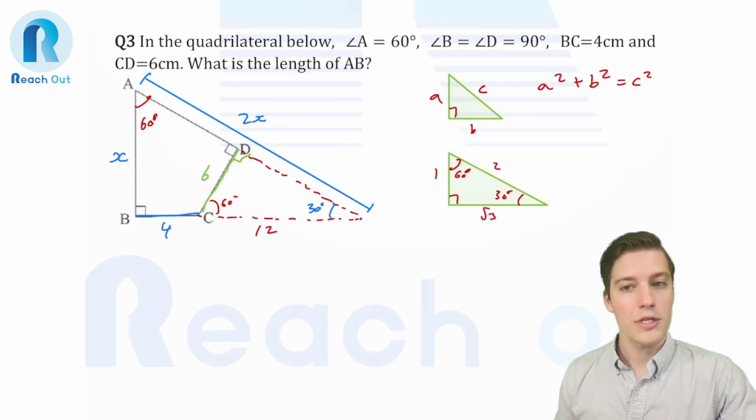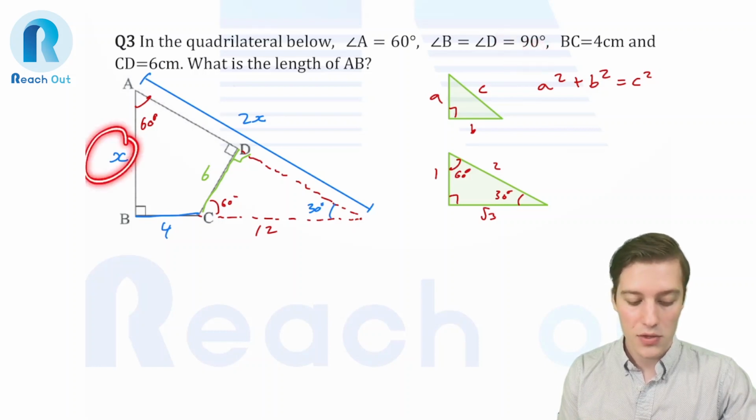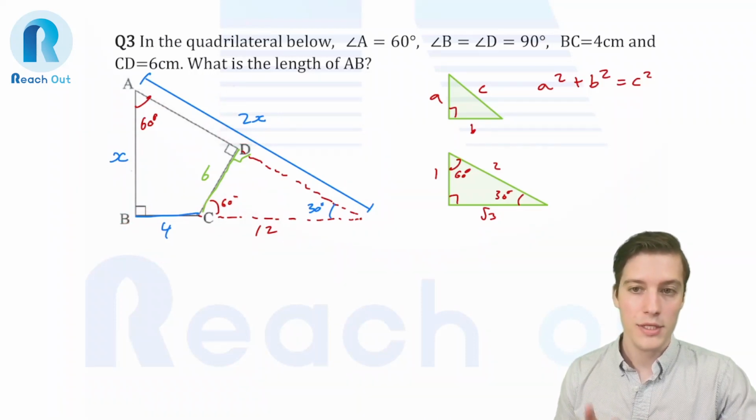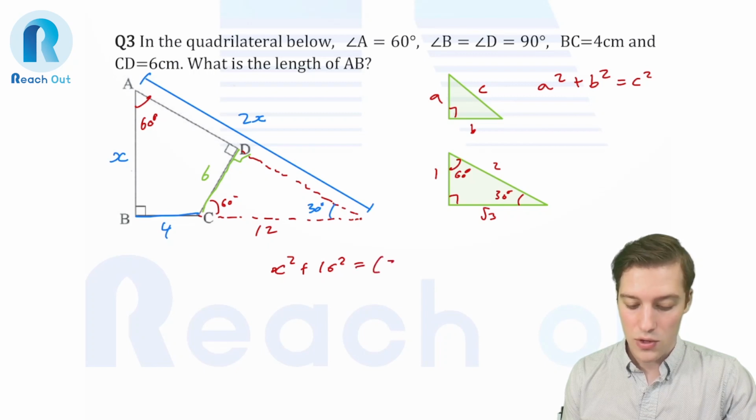Now I'm going to see if I can apply the Pythagorean theorem, and I already know I'm going to be able to solve for x, because I'm going to have an equation. This squared plus this squared is equal to this squared. I have one variable and one equation, which means I can solve for that variable. Using the Pythagorean theorem, x squared plus 16 squared, since 4 plus 12 is 16, is equal to (2x) squared. So x squared plus 256 is equal to 4x squared.